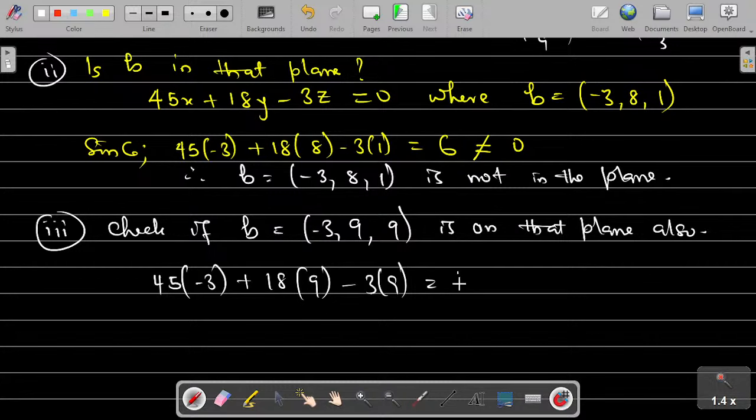So you can see that this is enough to conclude that this implies that b, which is equal to minus 3, 9, and 9, is clearly on the plane. That's enough to conclude that b is on the plane. All right, so it's on the plane.